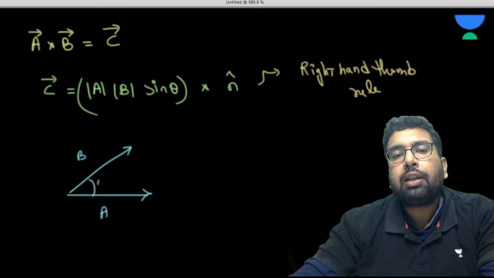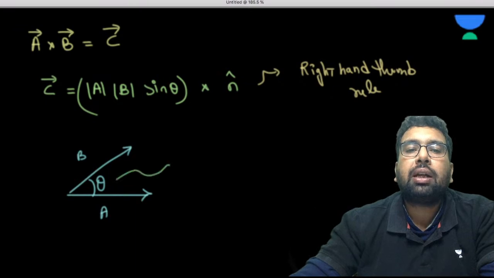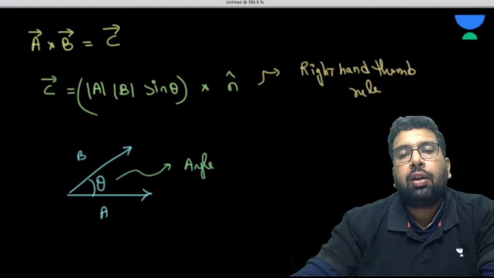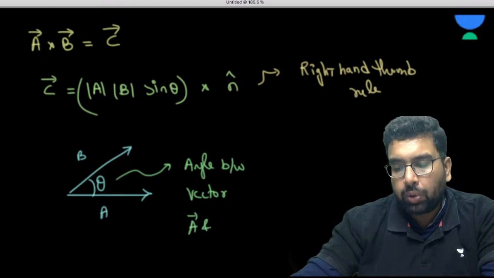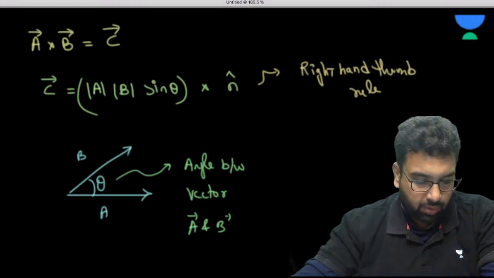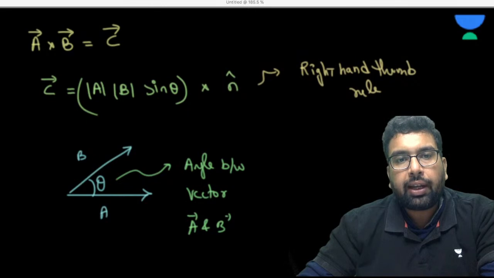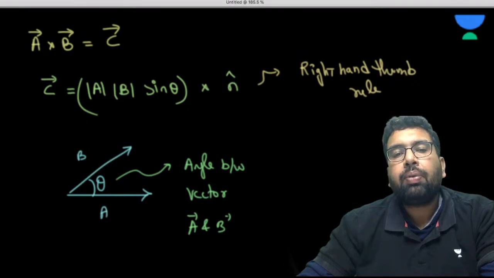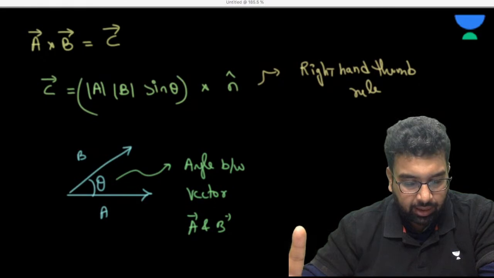Theta is the smaller angle, the angle between vector A and B. So you have to take the smaller angle. Right hand thumb rule is clear?